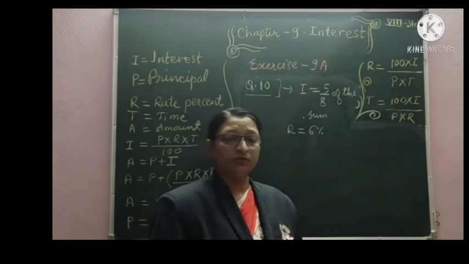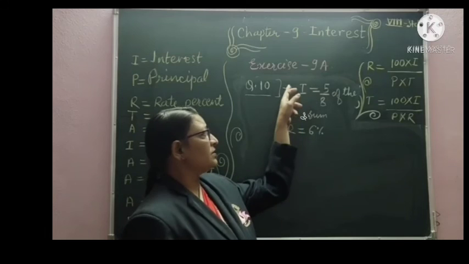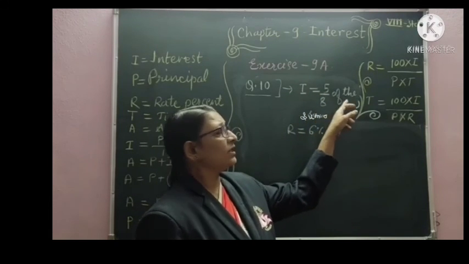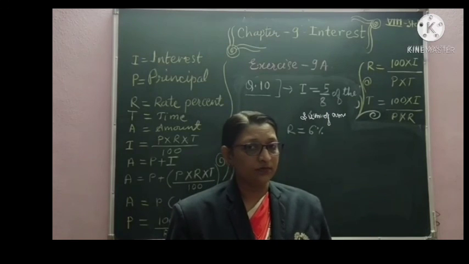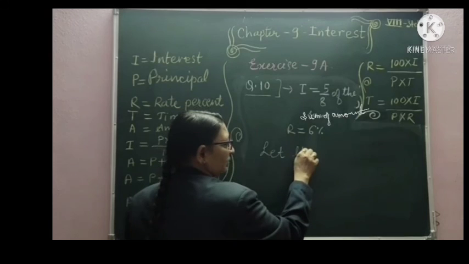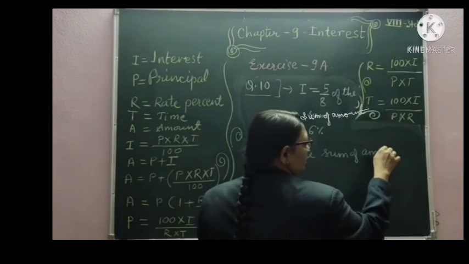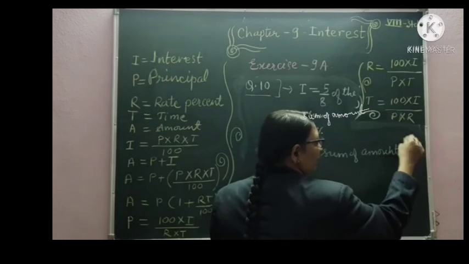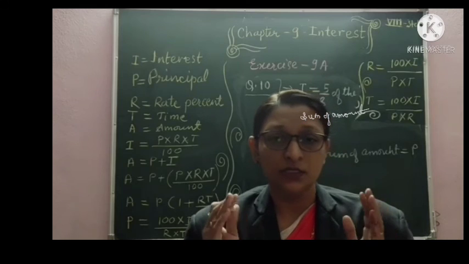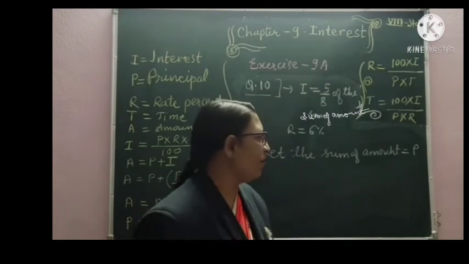Question number 10. We have to find out the time required for the interest to become equivalent to 5/8 of the sum at the 6% rate. Let the sum of amount be P. Now what are they telling here? Simple interest is becoming 5/8 of the sum.